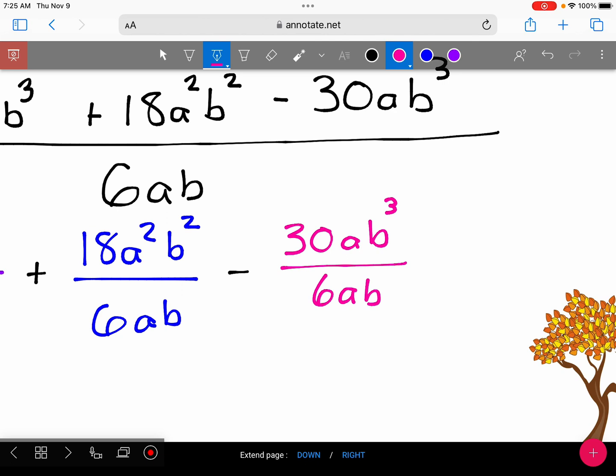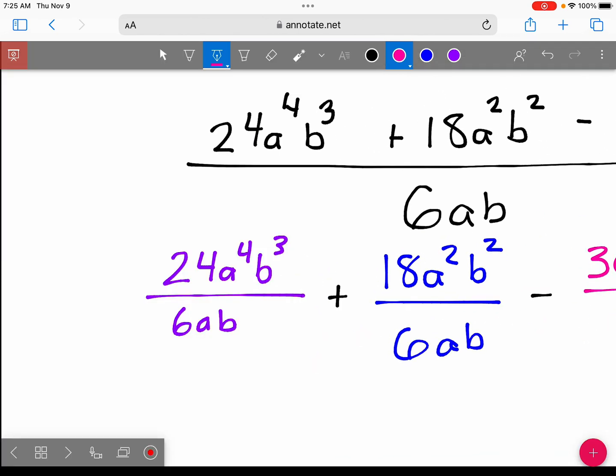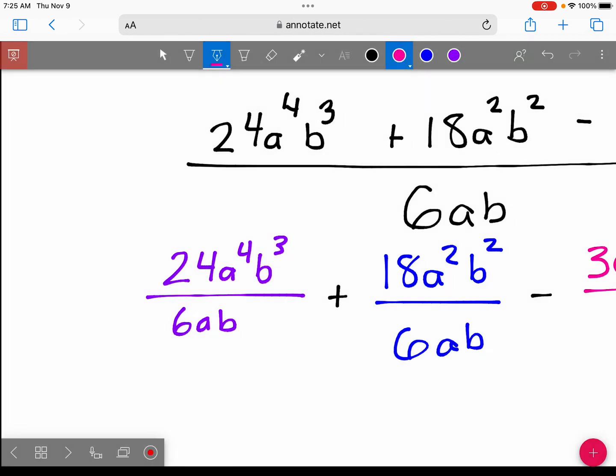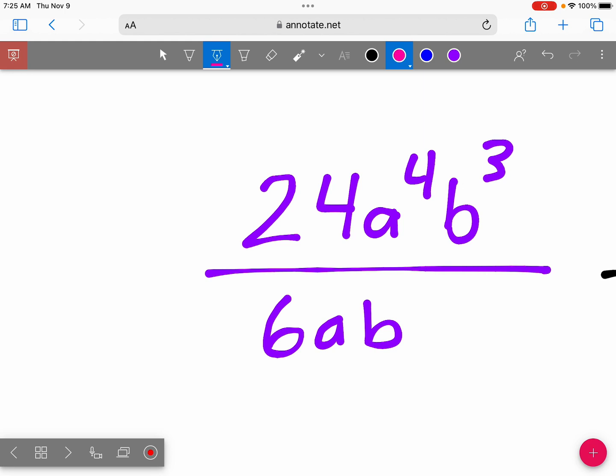Then what we're going to do is deal with each of these individually. We're going to simplify this left purple fraction. You can see the same thing on my screen. So let me just look at this guy.